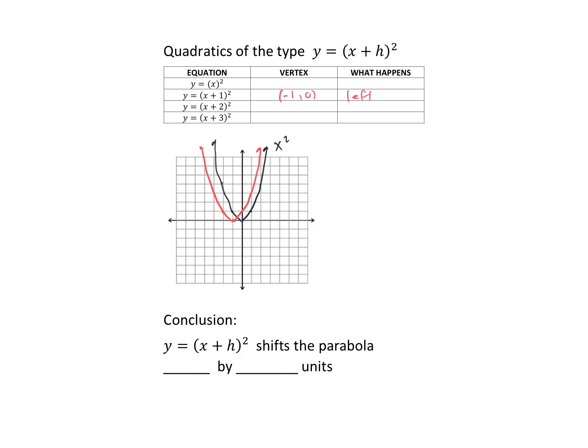So the vertex is now at (-1, 0), and it shifts left 1 unit.